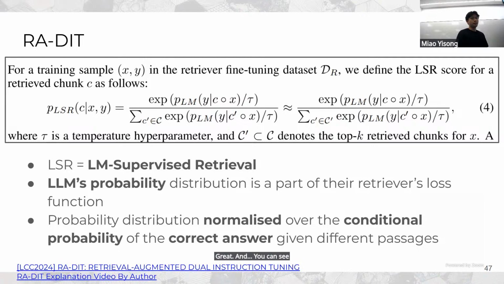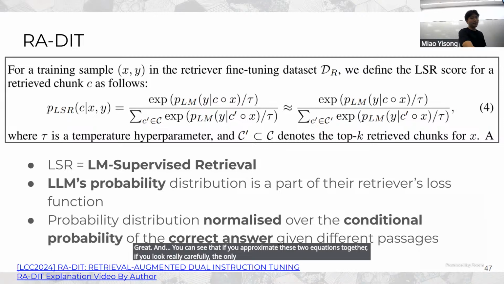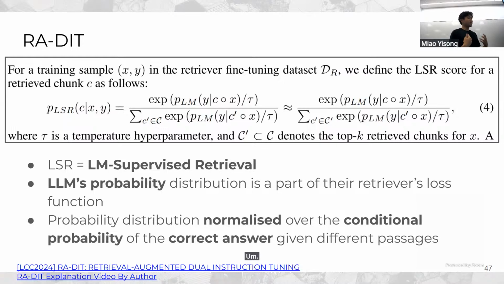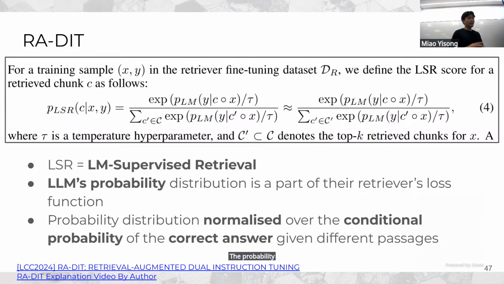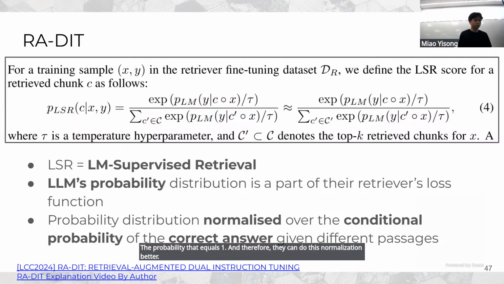They approximate these two equations together. If you look carefully, the only change is that C becomes C prime. So they approximate the top tier context chunks with a probability that equals one, and therefore they can do this normalization better.